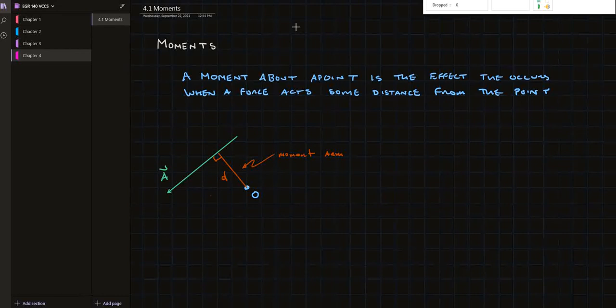Well, we can say then that the moment about O of A equals some force, let's call it the magnitude of A, times a distance.